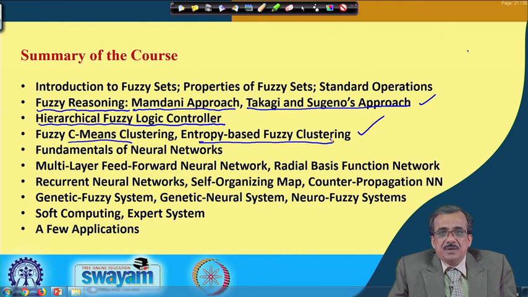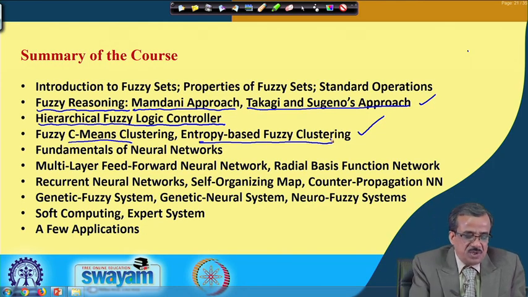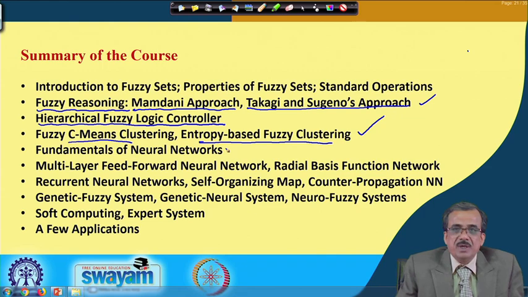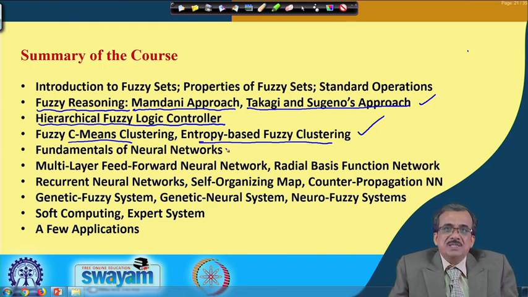On the other hand, we also discussed unsupervised learning. In unsupervised learning we use the concept of competition, cooperation and updating.